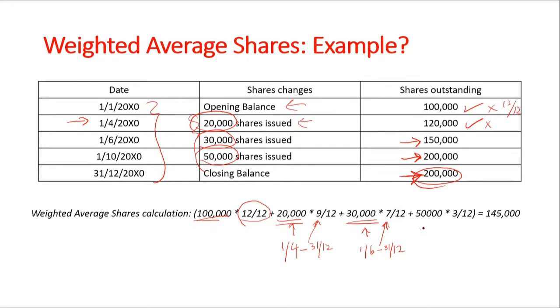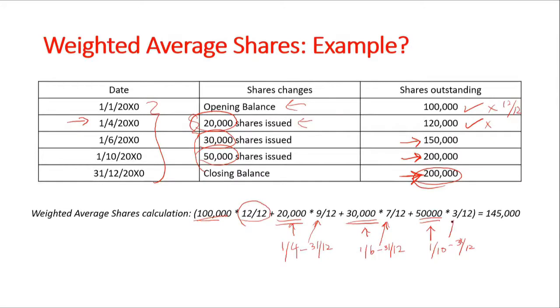And then lastly, the entity, before the year end, on 1st October, issued another 50,000 shares, and those shares remained outstanding for 3 months, right?